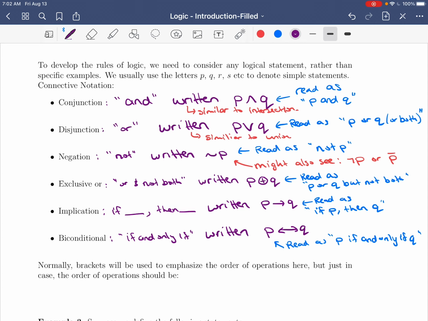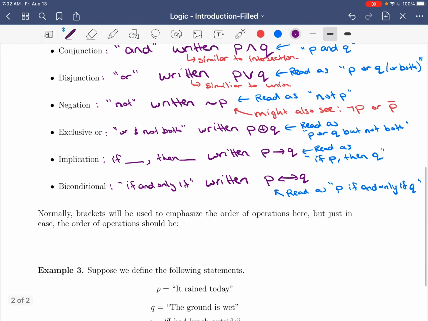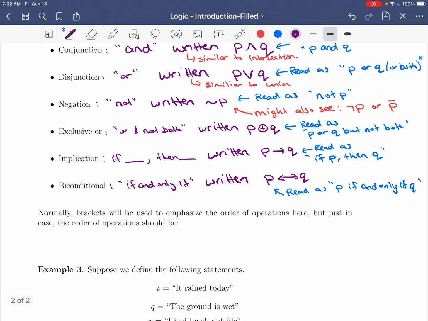Okay, so that's some ways that we can combine these things. And then obviously we can combine these things together as well. So when there's lots going on, normally I'm going to use brackets to emphasize the order of operations, but if you're looking elsewhere, they might not. So just remember the order should be, so you always do brackets first. Okay, so that's normal. And then the negation, and then the and the or.